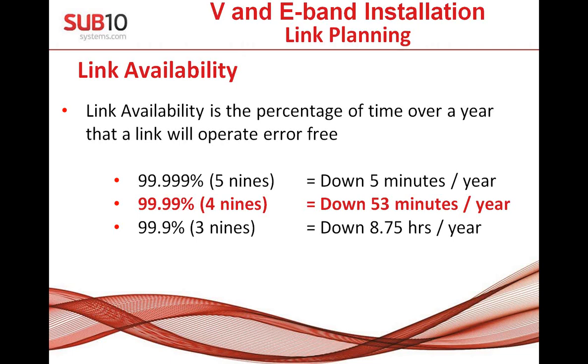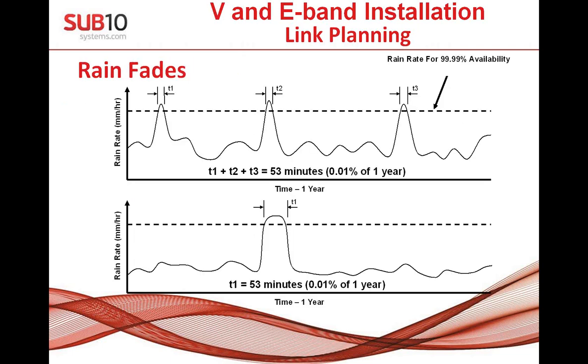Okay, if I now know that the customer is asking for 4 nines availability, how can I check that my link will be 4 nines available? It's very easy. You have to find what the rain level is, and you see this dashed line on both pictures.